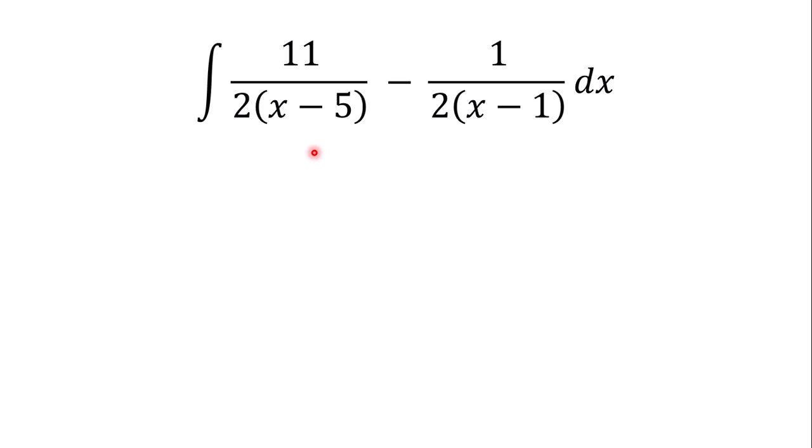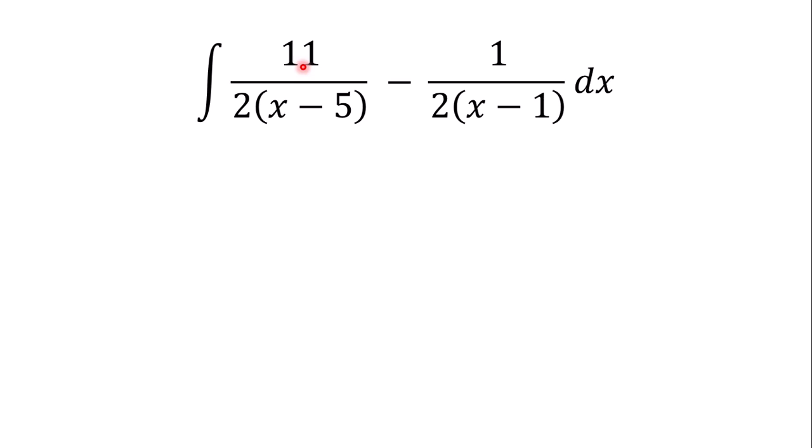And when you solve it, you're just going to get 11 times natural log of x minus 5, and then this will give you natural log of x minus 1. Remember to take the absolute value. Okay? But somebody may be thinking that here is 11. Even when we factor out the 1 over 2, 11 is still here.